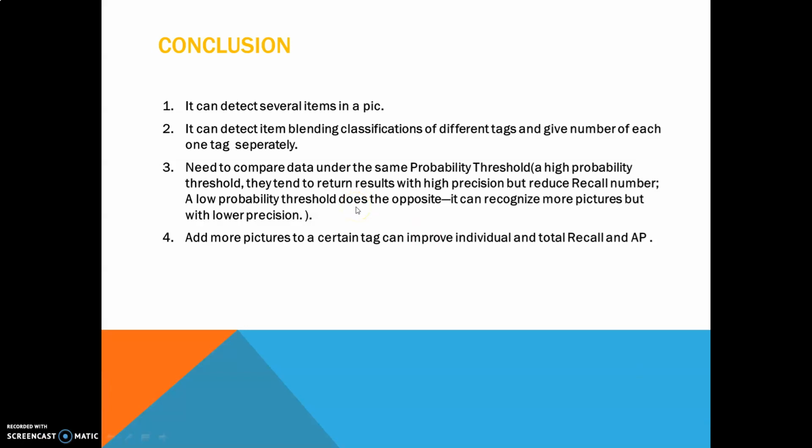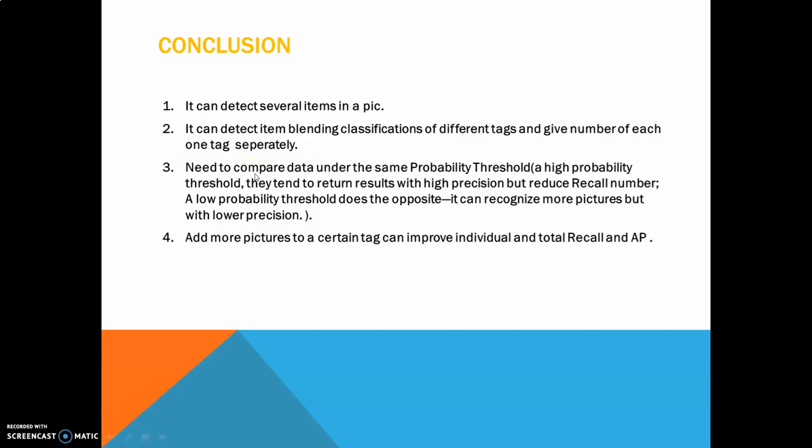So first, the Azure service can detect several items in a picture, as I showed with a chair and a desk. Second, it can detect an item, do classification of different tags, and give a score for each tag separately.